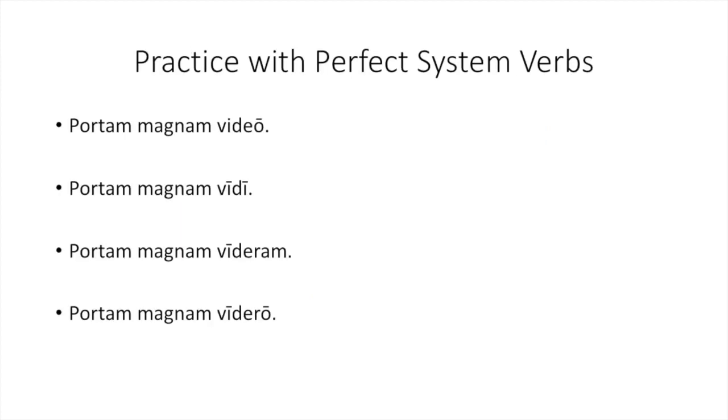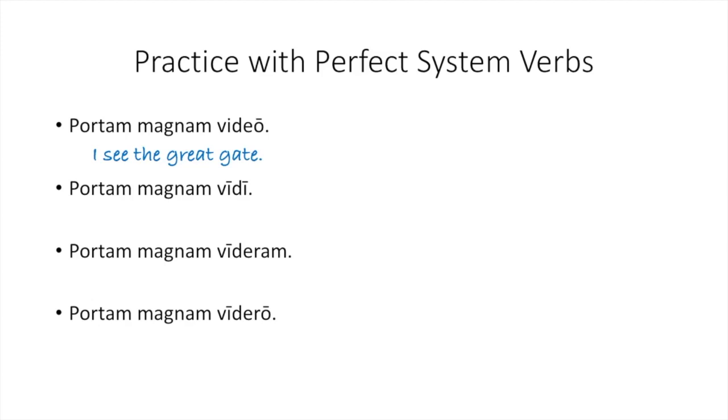So, as you probably expected, the verbs don't change function in each sentence. It's just changing how you translate the verb based on each tense. So in portam magnam video, I see the great gate. Okay, we're used to that.